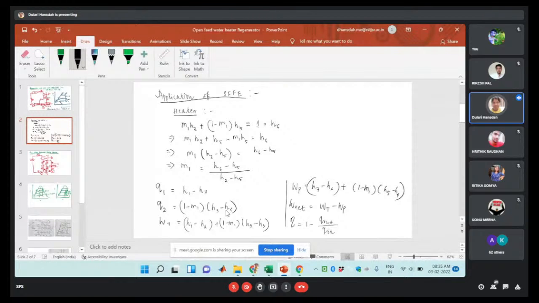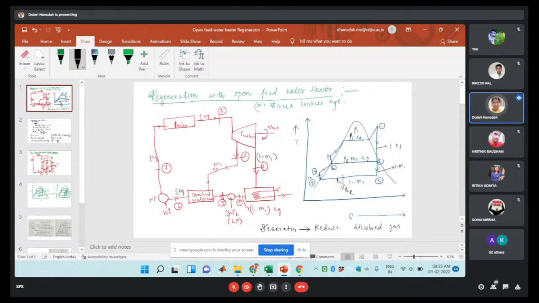That means the feed water entering the boiler is raised in temperature, so that the heat addition takes place at a higher average temperature, which affects the efficiency of the cycle.